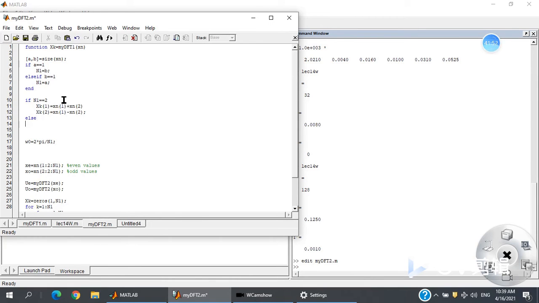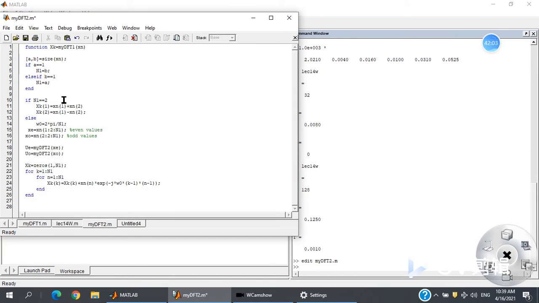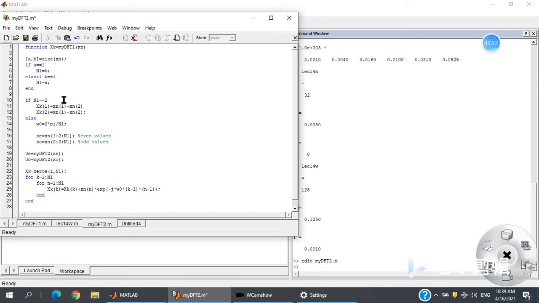Else, that means the size is larger than 2, then we need to do more calculation. We need a W0. I need to separate x into an even part and an odd part, and the even part performs DFT again, but the size is half, right? Then I need Xk.